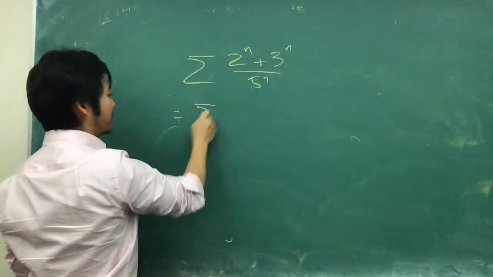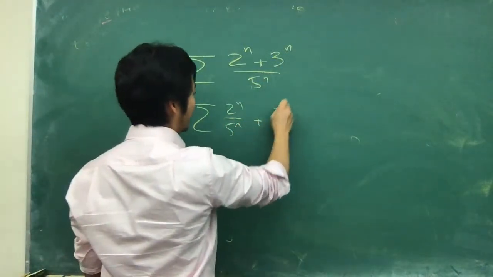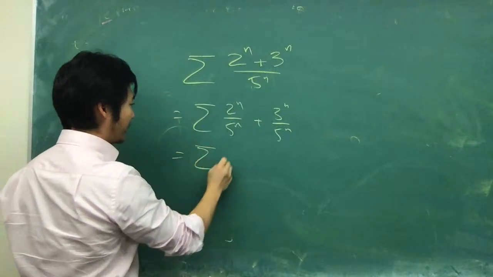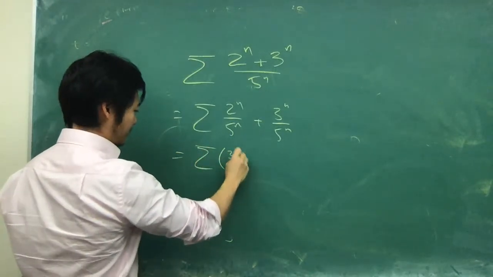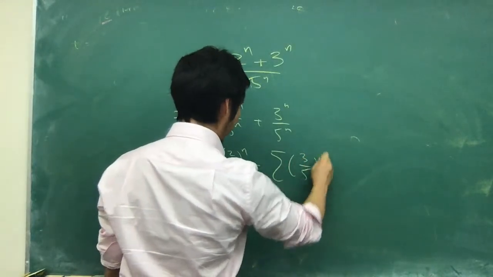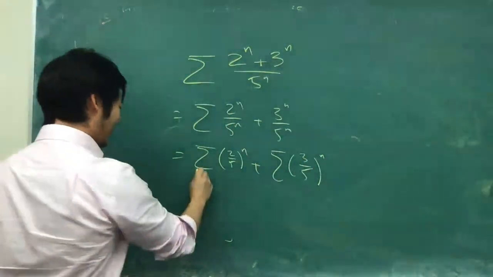So if you split this up, you get 2 to the n over 5 to the n plus 3 to the n over 5 to the n. So you can split this up into the sum of 2 over 5 to the n plus 3 over 5 to the n. Let me just make sure it starts at 0. It doesn't. It starts at 1.